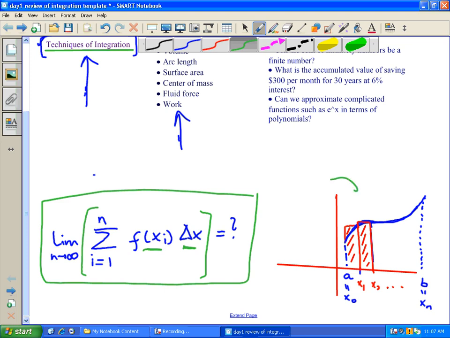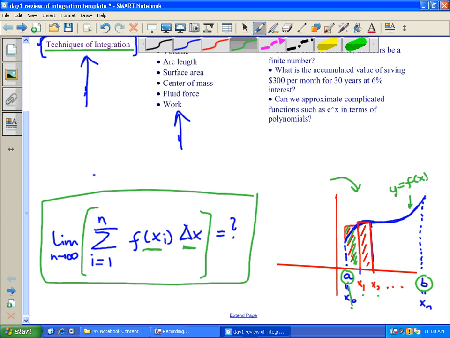Look at the figure over here. The function is given in blue. That's your y equals f of x. And we're going from the point A to the point B. We divided that interval into partition points such as x sub 0, x sub 1, x sub 2, etc. To find the area under that curve, the first thing you would do would be to take the first rectangle.